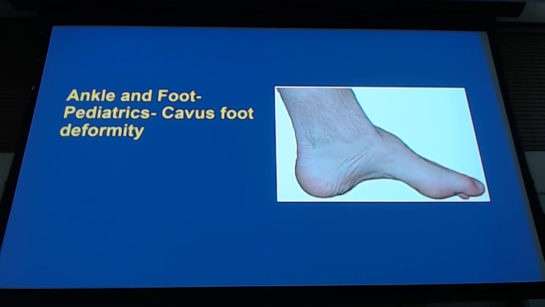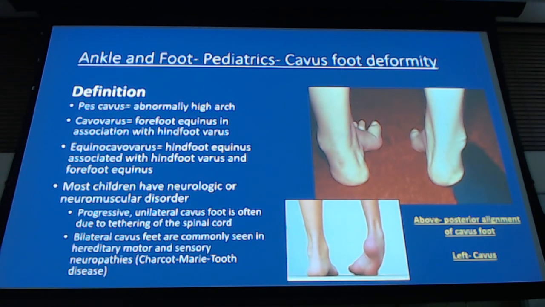It's important for you at this point to understand the mechanics of a cavus foot. As we go into this, you'll see why the foot is oriented the way that it is, and then what you can do about it. All right. So, pes cavus is what you consider an excessively high arch, as you just saw in the picture.